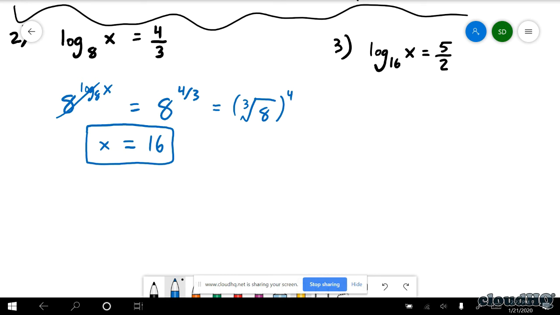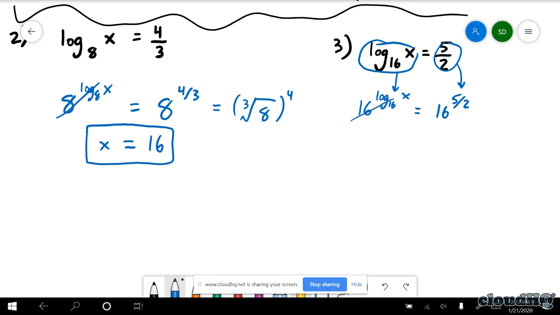What base number will I use this time? If you want to get rid of a log base 16, you need to use a base of 16. So 16 to the left side is equal to 16 to the right side. Notice the left side became an exponent. The right side became an exponent. Both on the same base number.